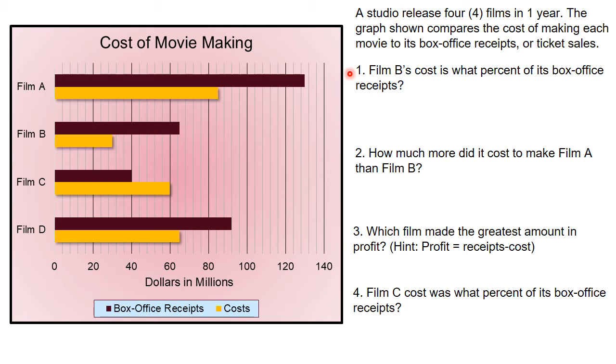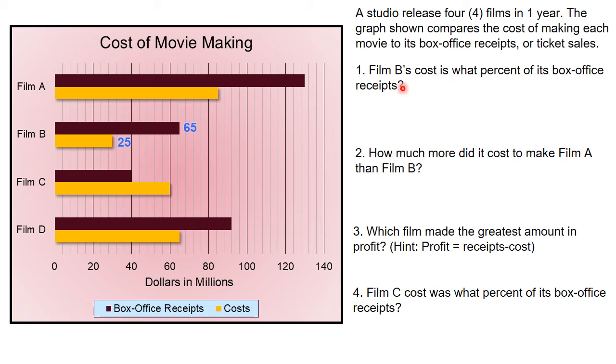Film B's cost is what percent of its box office receipts? We will focus only on Film B. The cost is $25 million, while the box office receipts or ticket sales, we have $65 million.